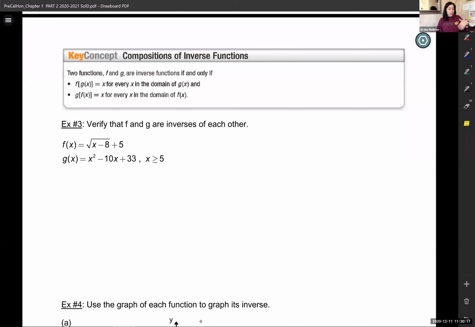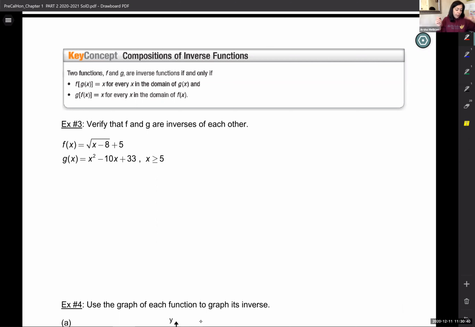All right. So now, suppose you're given two functions and you're told, okay, these are inverses of each other and you have to verify them. So you know how in the beginning we said a function and its inverse is a reflection around y equals x? The theorem says this.